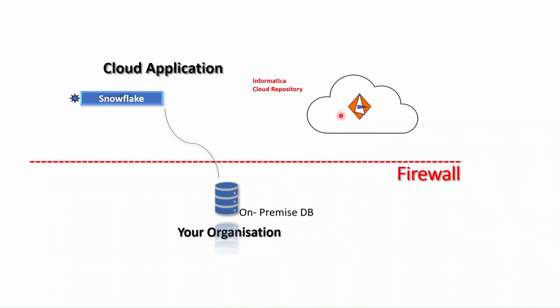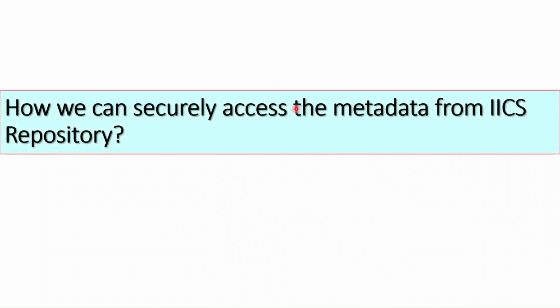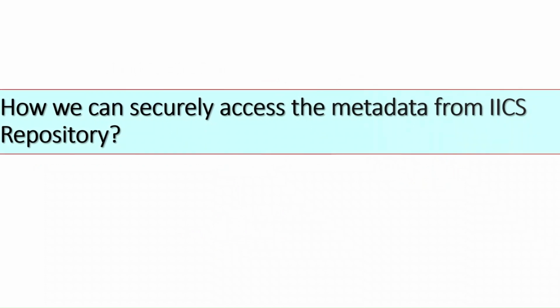Whenever we are working in IICS data integration, we don't have direct access to get the metadata from the cloud repositories. If I want to get the metadata, that is where the secure agent comes in, and with the help of the secure agent we can access the metadata.